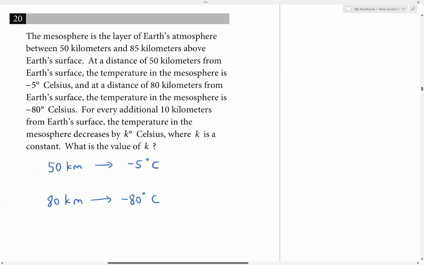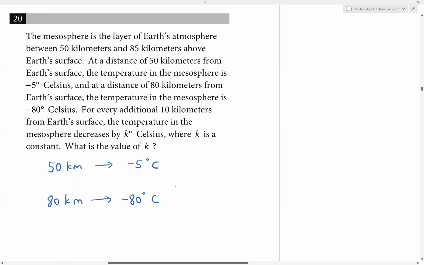Right? We can see as the distance from the surface increases, as we go higher up, the temperature decreases. So as the distance goes up, the temperature goes from -5 to -80. So it's more negative, it's getting colder. Okay, so the temperature decreases.